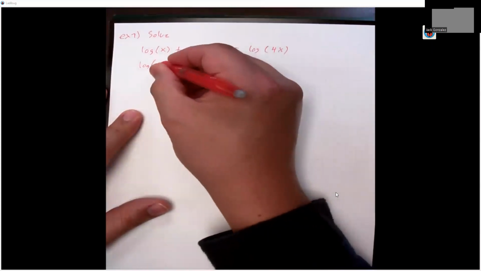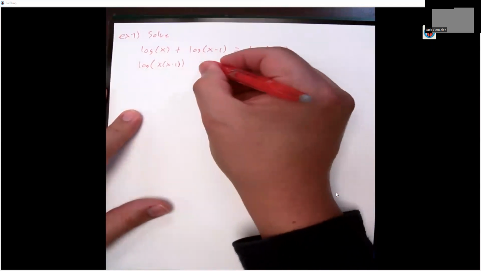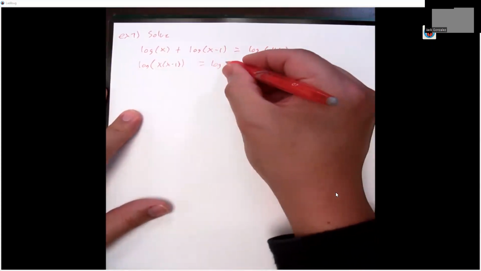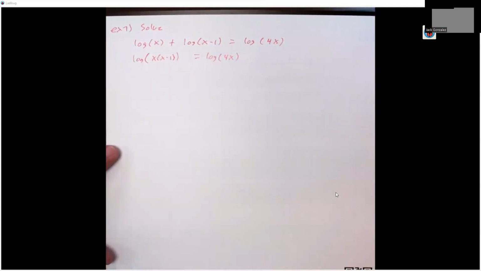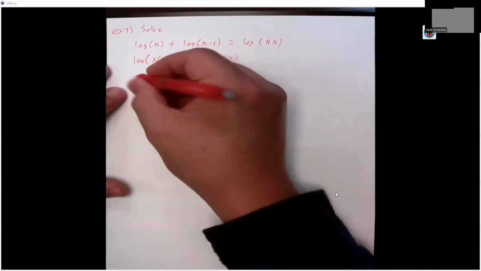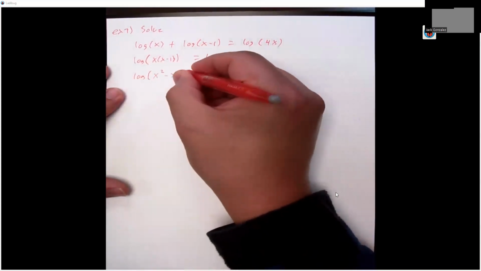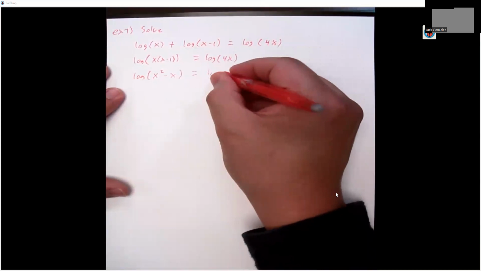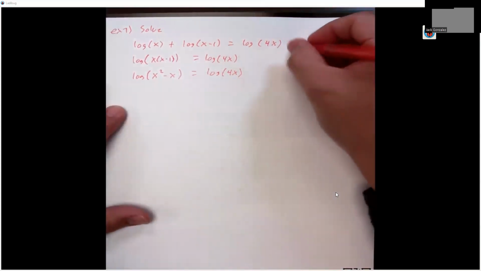So that'll be x times x minus 1 equal to log of 4x. That'll be log of x squared minus x equal to log 4x. So just combine these two by multiplying. That's all we did. This is a product.